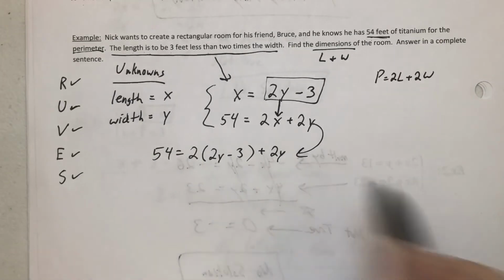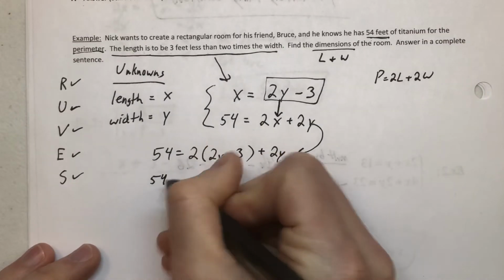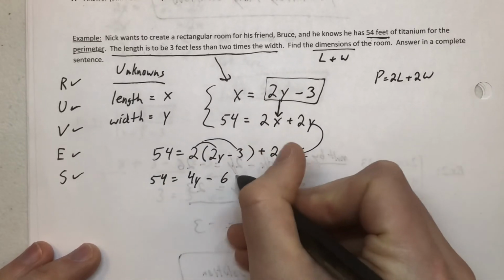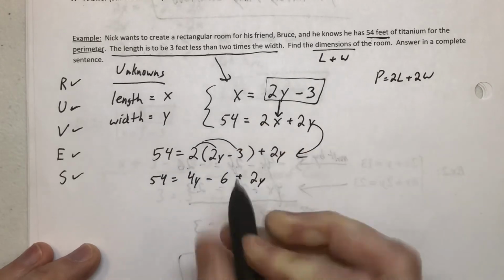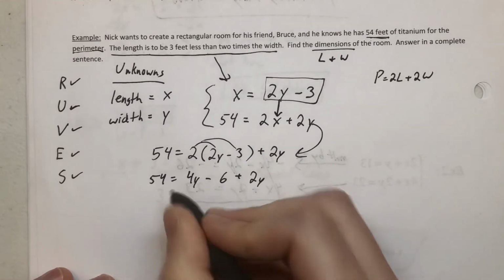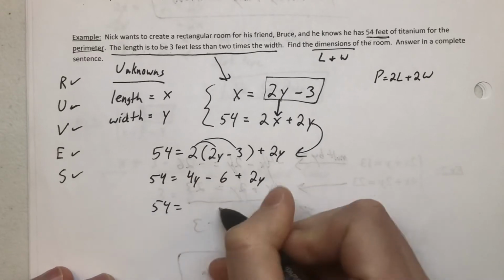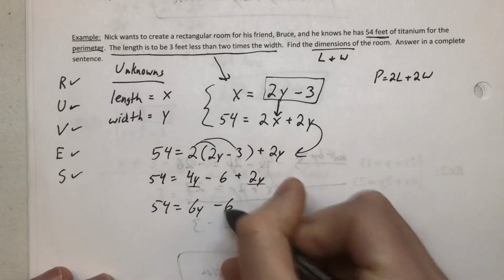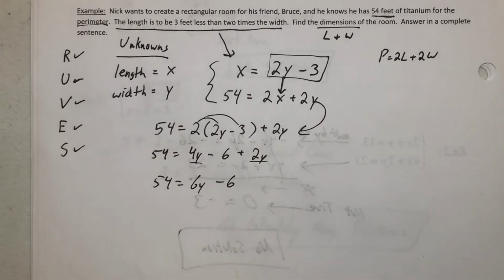It's an equation with only y's in it. So do things like distribute: 4y minus 6 is all it takes to clear those parentheses with those terms. Then I've got a couple like terms I can combine right there, a couple y terms. 54 equals, if I combine 2y and 4y, that'll be 6y minus 6.